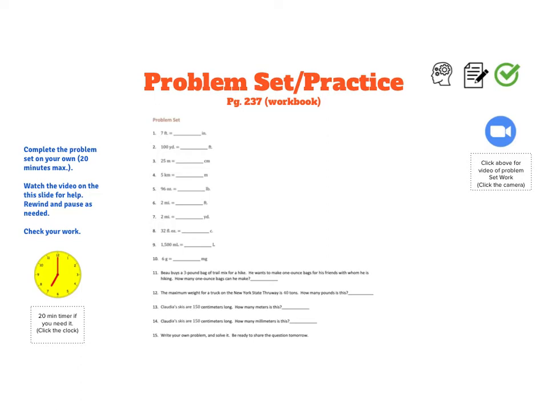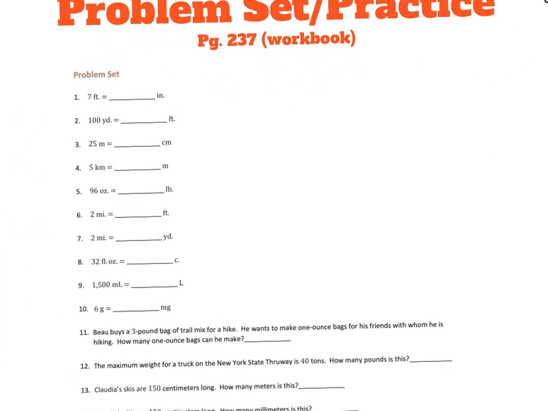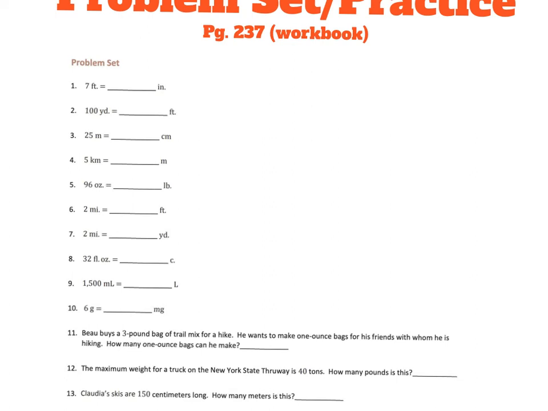So on problem set number 1, 7 feet, I'm going to enlarge this just a little bit. 7 feet is equivalent to, so I'm going to just write a little ratio out here.